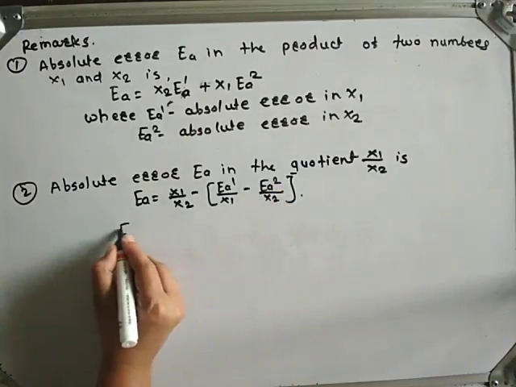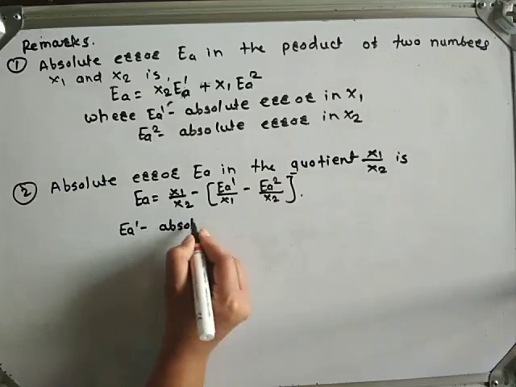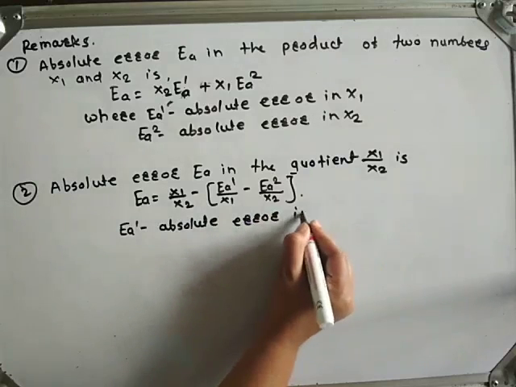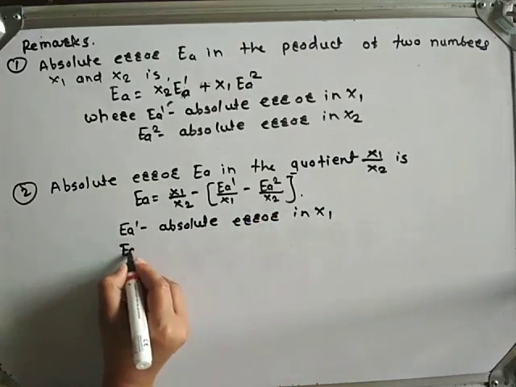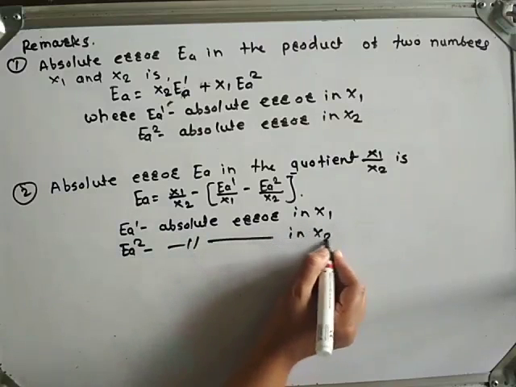Similarly here, EA1 is the absolute error in x1 and EA2 is nothing but the absolute error in x2.